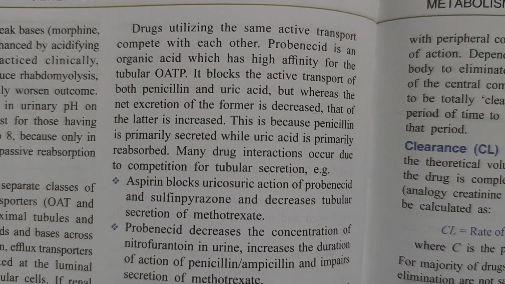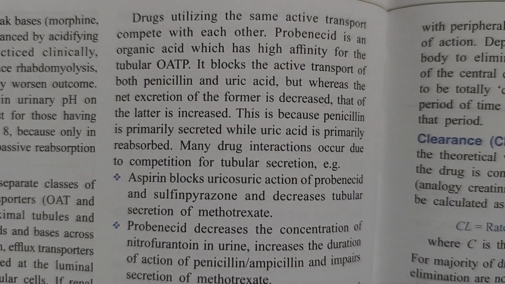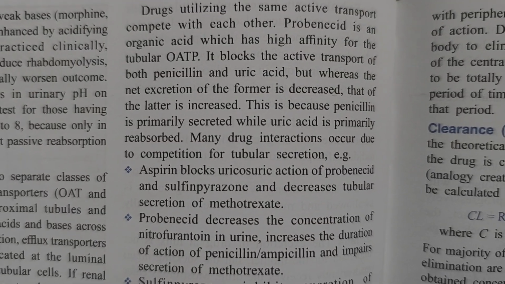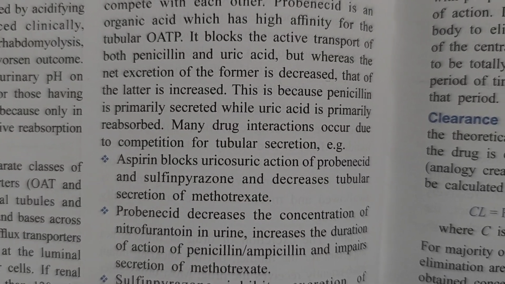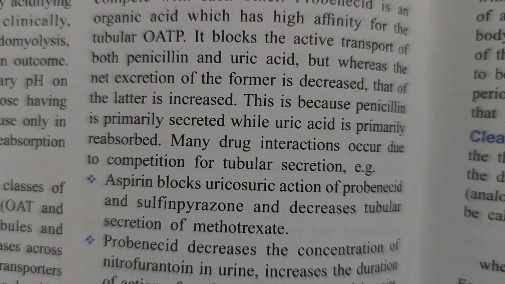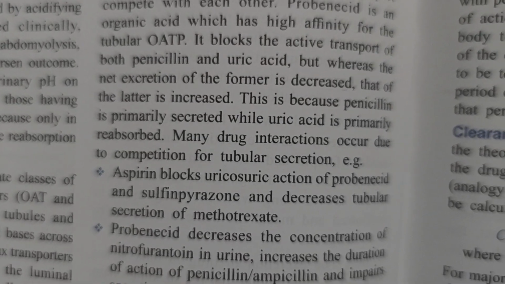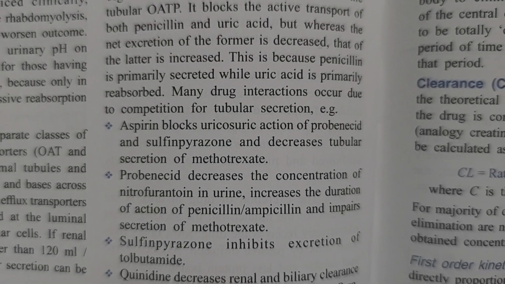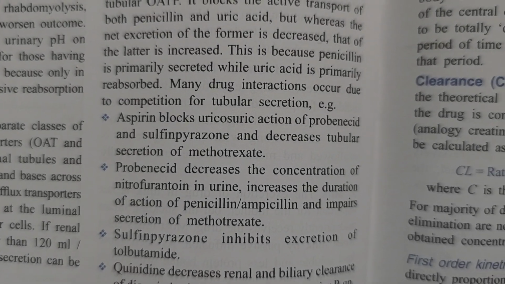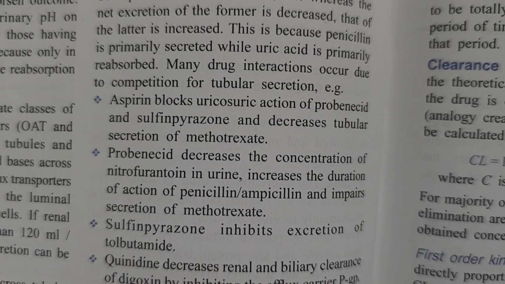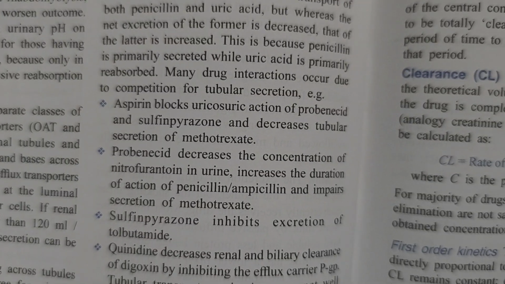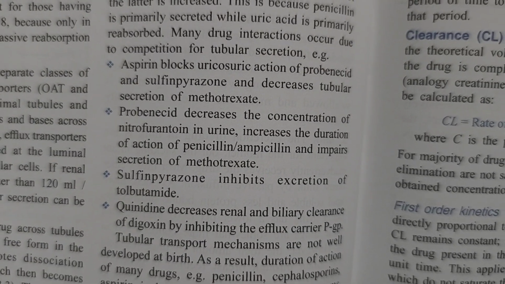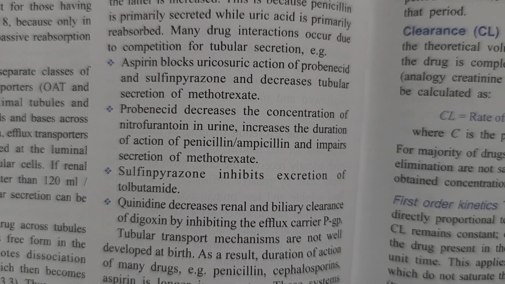Drugs utilizing the same active transport compete with each other. Probenecid is an organic acid which has high affinity for tubular OAT. It blocks the active transport of both penicillin and uric acid, but whereas net excretion of the former is decreased, that of the latter is increased. This is because penicillin is primarily secreted while uric acid is primarily reabsorbed.